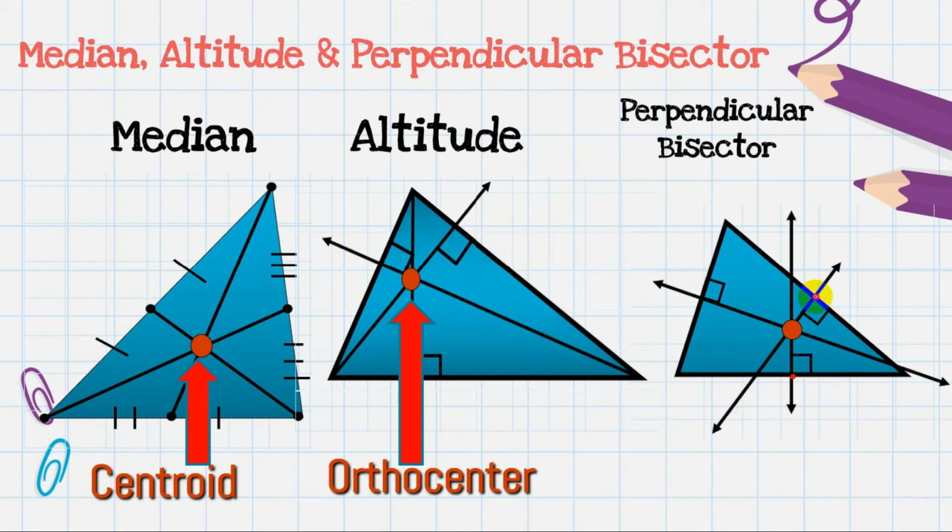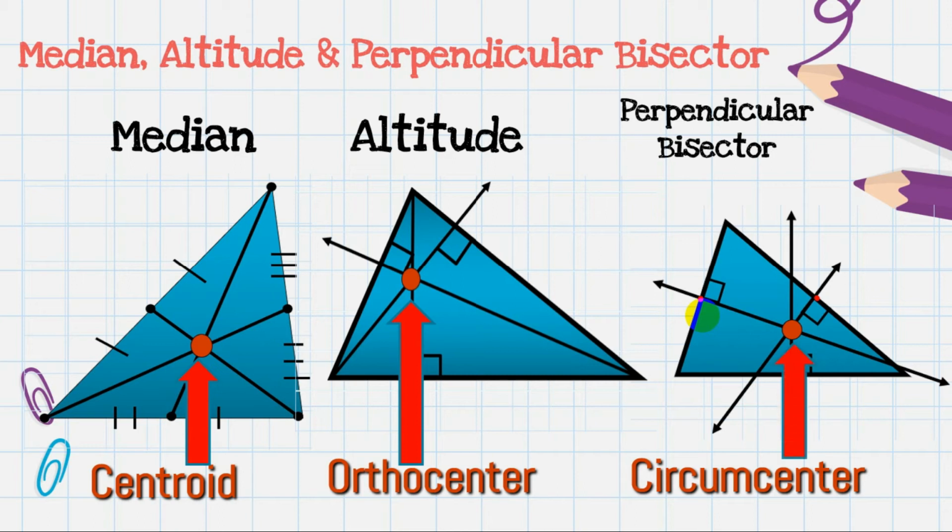So, kung ruler at protractor ang gagamitin natin, kailangan pa nating sukatin at hanapin kung alin ang midpoint. Pero kung compass na po, diretso na natin yon as long as sinunod natin yung steps on how we can form the perpendicular bisector. Okay? So, ang point of intersection ng mga perpendicular bisectors ay tinatawag na circumcenter.